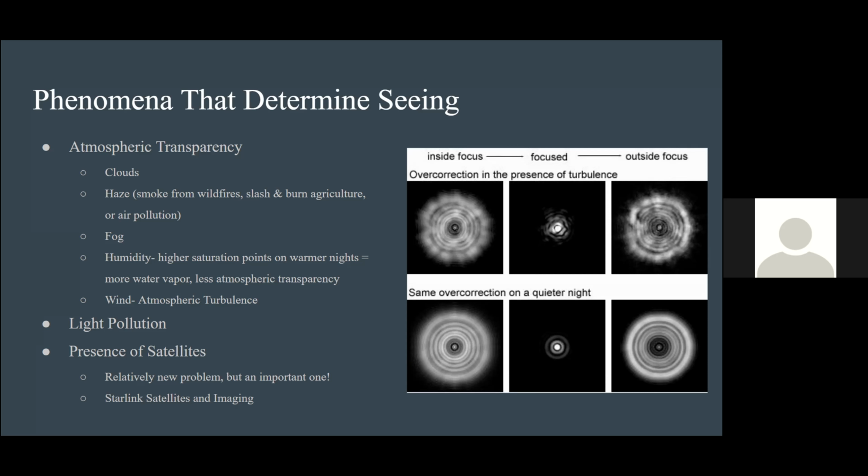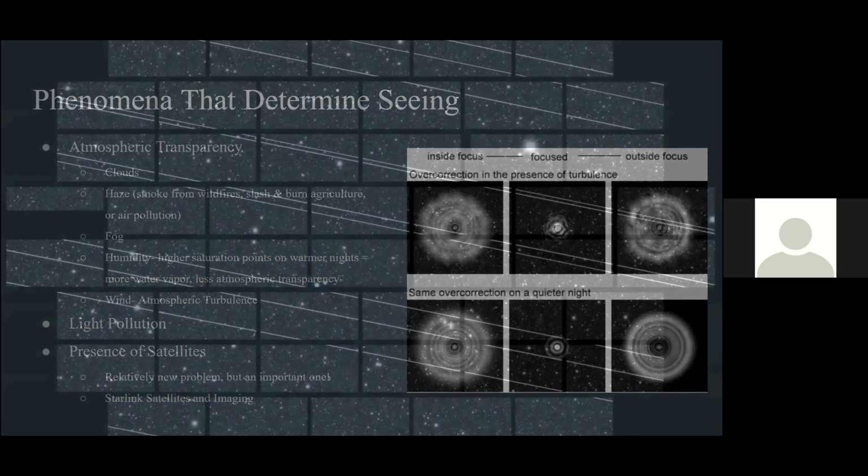It's almost messed up, fragmented in a way. But then on the quieter night in the overcorrection, you see that it's just blurring out the image, focusing too far. You'll see that it's relatively similar. There's modest transparency problems.